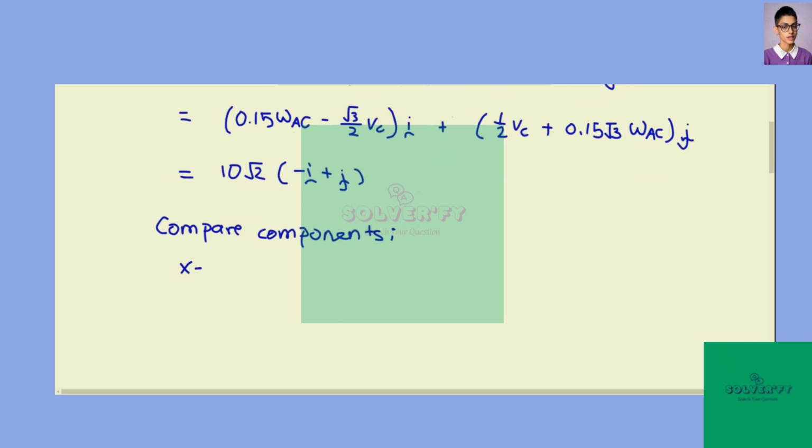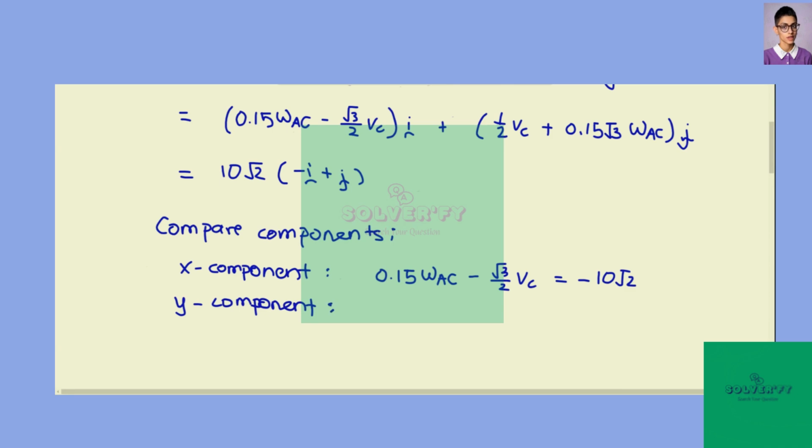Now we can compare components. For the x component, we have 0.15 omega AC minus root 3 over 2 VC equals to 10 minus 10 root 2. And for the y component, 0.15 root 3 omega AC plus VC over 2 equals to 10 root 2. So we have two equations.